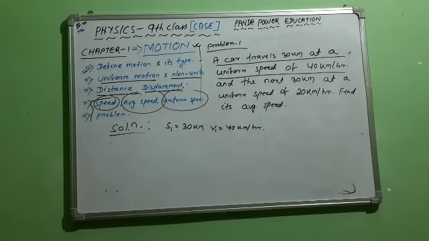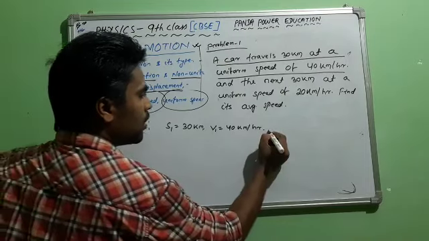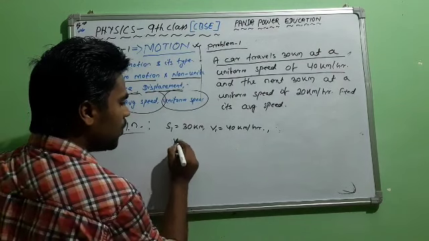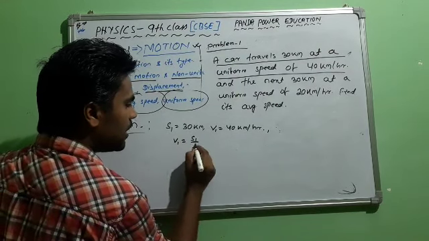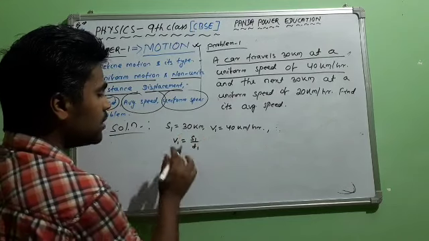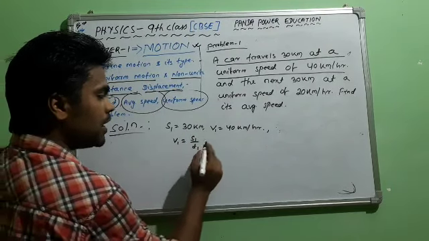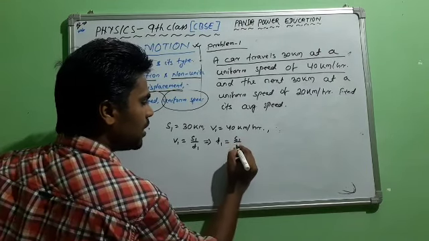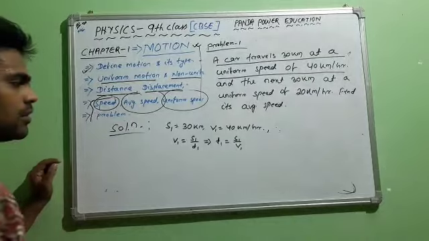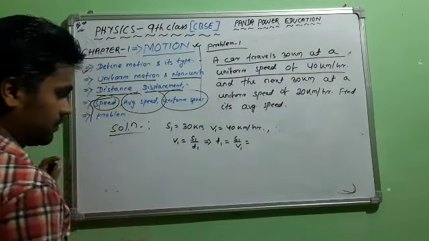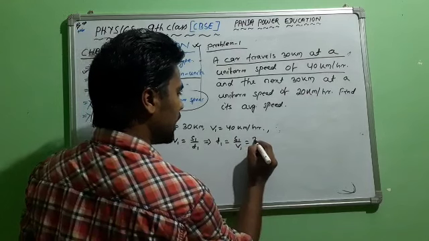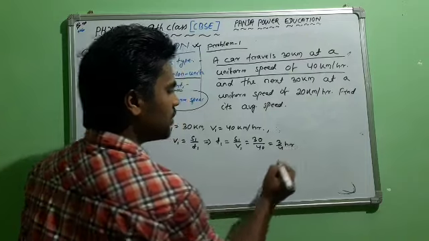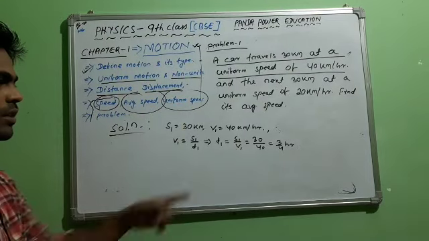So now we can find T1. We know the formula V is equal to S divided by T, so V1 is equal to S1 by T1, then T1 is equal to S1 divided by V1. Got it? So now S1 is 30, V1 is 40, that is 3 by 4 hour. Got it or not? This is time T1.